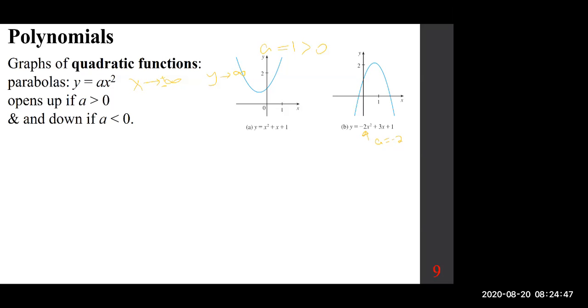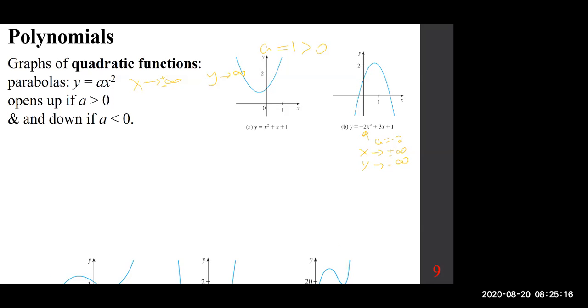Whereas in this second case, as x goes to plus or minus infinity, y goes to negative infinity. Meaning in the first case, it goes up. So we are dealing with the end behavior in the first and second quadrant, and in part B, the third and fourth quadrant.